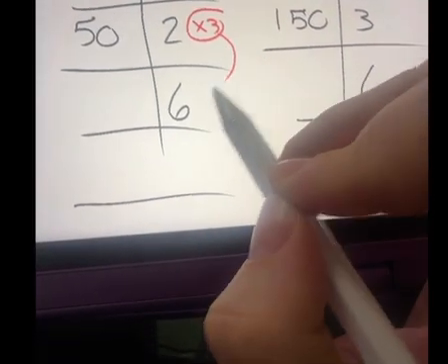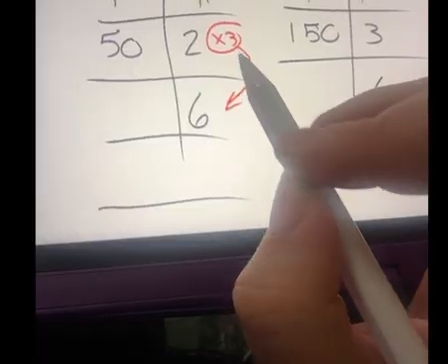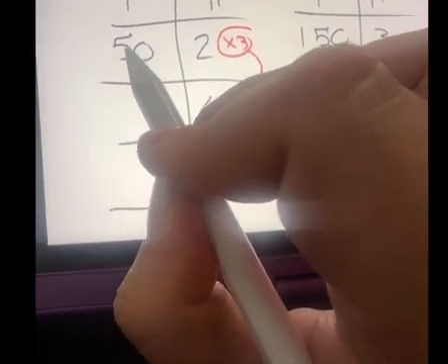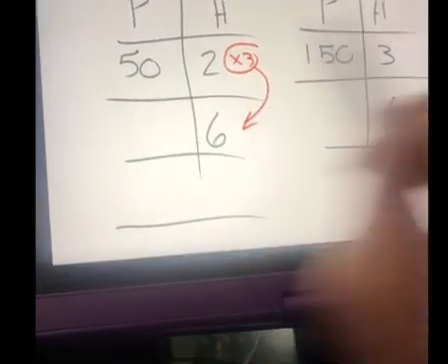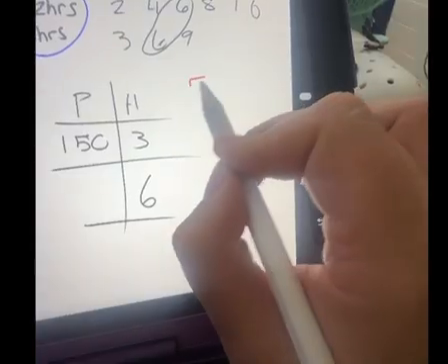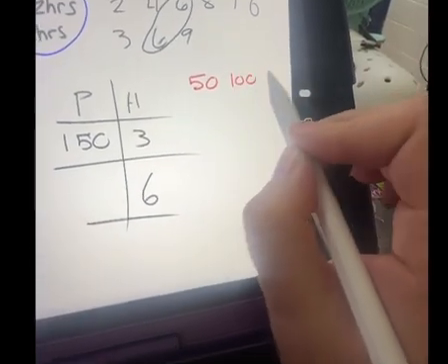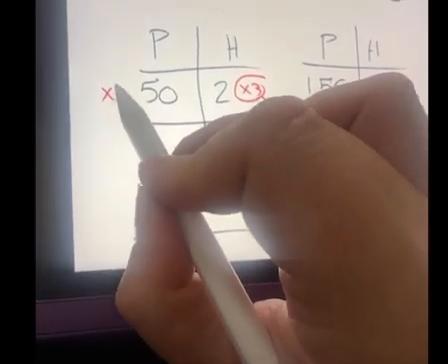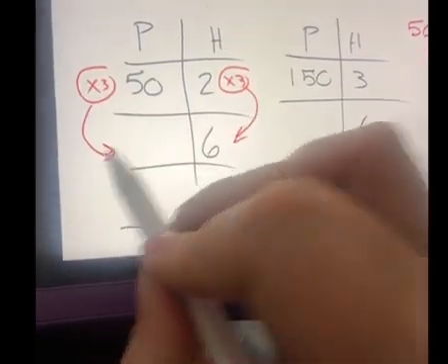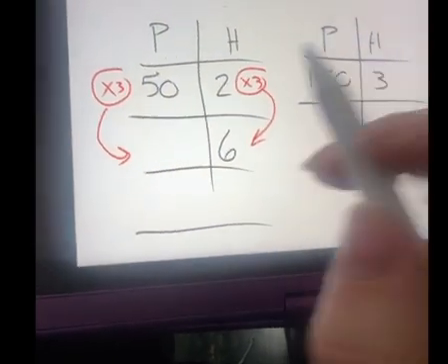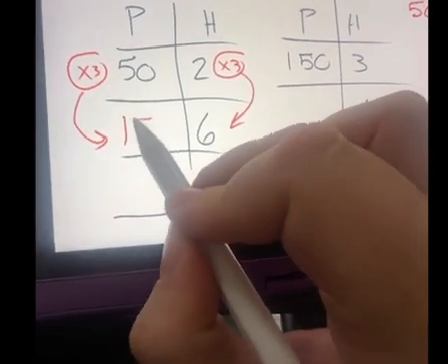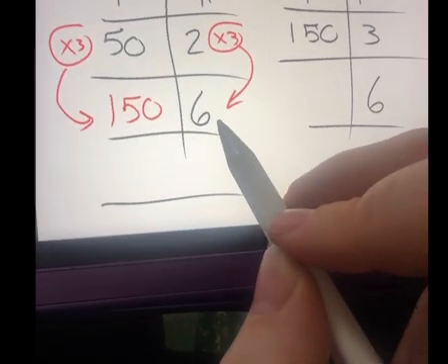If I'm skip counting 3 times by my hours, I also have to skip count 3 times by my pages. Now, if you need to actually make a number line and come over here and skip count in order to do that, you can, or you can just use multiplication as well, because multiplication and skip counting are the same thing. Either way, Maya can read 150 pages in 6 hours.